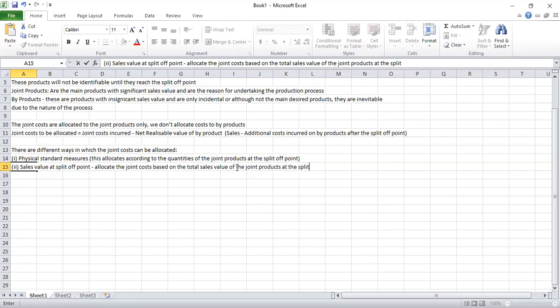And you should note that the sales value at the split off point might be different to the final sales value, because remember, some of the products might need further processing, which can enhance the sales value.